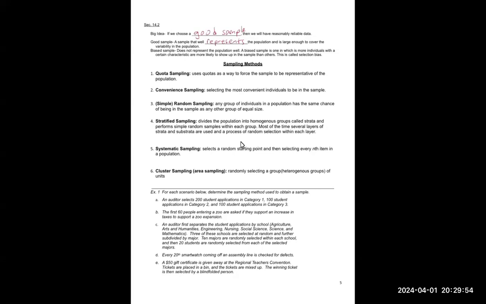Then we have to make sure the income levels are all the same, whatever the percentage of people in this income level has to be the same in my sample. And then the same number of people living in rural areas has to be the same as in my sample. And then the number of pregnant teen moms has to be the same in my sample as it is on the college.